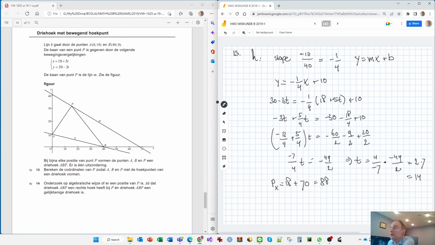And we also need the y coordinate. Py is 30 minus 3 times 14. 3 times 14 is 42. So 30 minus 42 is minus 12. So P equals 88 minus 12. That probably roughly makes sense looking at this.